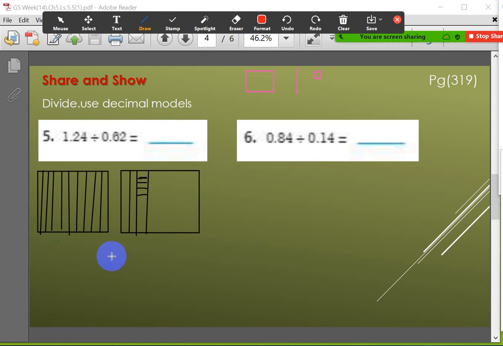That means 6 in the tenths digit, that means I have 6 longs in each group.